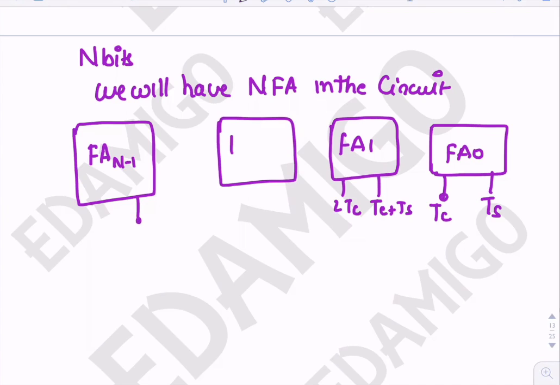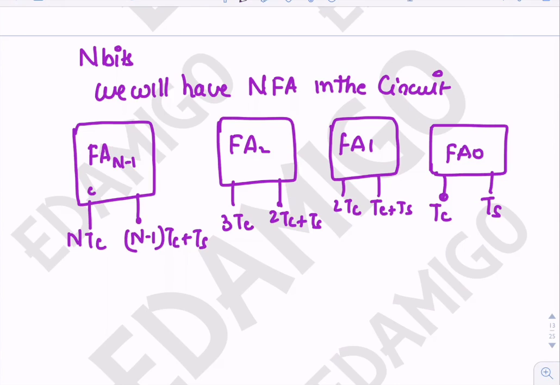So let me write for FA2 also, so that it is clear. 2tc plus ts, and it will be 3tc. So the carry bit will be produced at ntc, and the sum bit will be produced at n minus 1 tc plus ts.